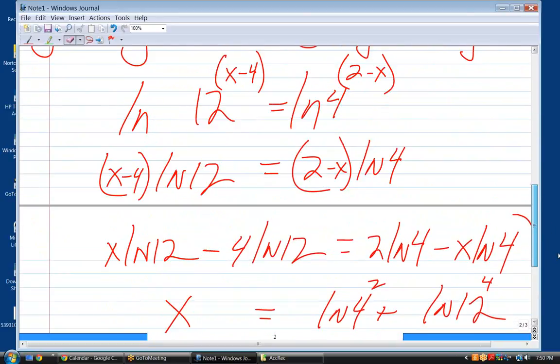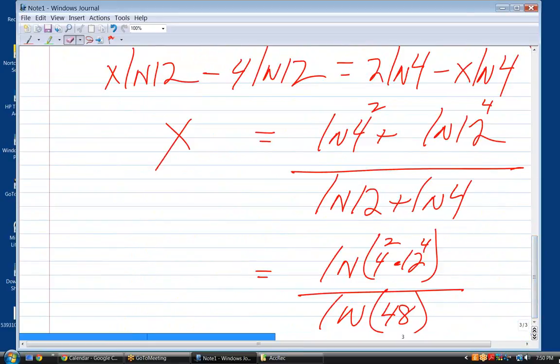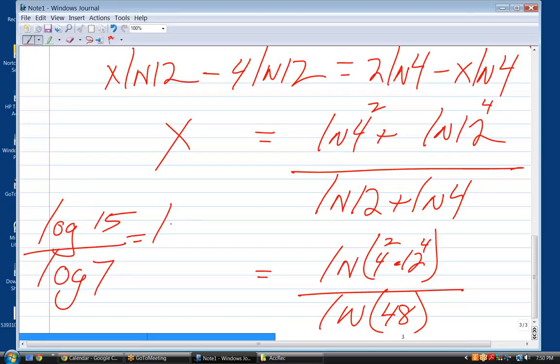Could you have used just the log base 10? I could have. What ends up happening is that these are all the same. If I have the log of 15 divided by the log of 7, that's the same as the natural log of 15 divided by the natural log of 7.